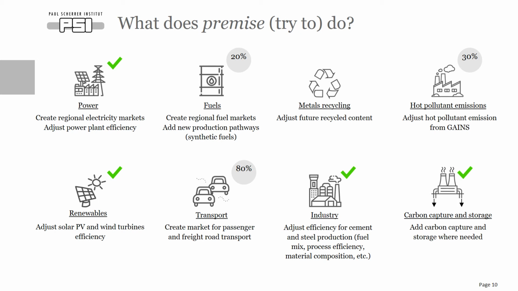Now, there are three other items that are on the good way of being completed very soon. The first one will be the transport sector. So with Remind in particular, we are receiving fleet projections for passenger cars and trucks. Based on this fleet projection, Premise will build fleet average passenger cars and trucks for the year we are looking at.